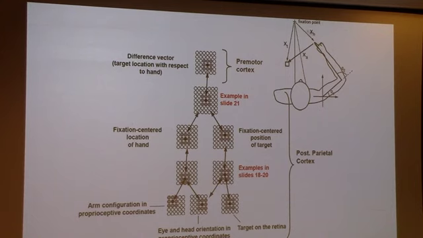And the vector from your finger point to the fixation point represents where your hand, where your arm, is in this fixation center coordinate. You do a vector difference between these two vectors, and then you get the vector from your finger point to the target. And then your brain will know how to move your arm.